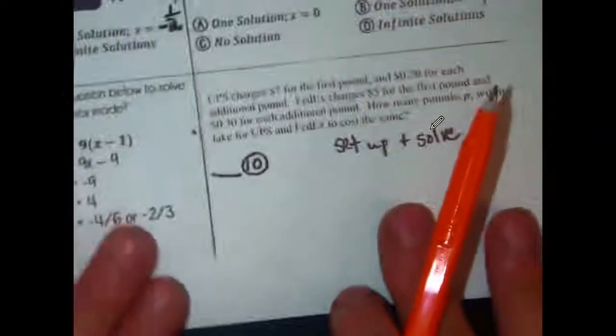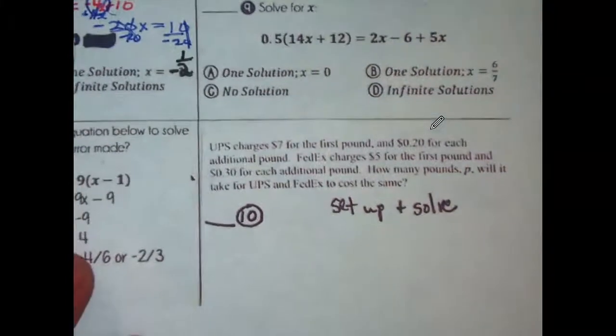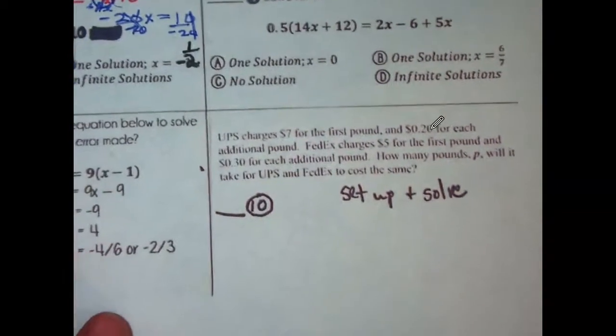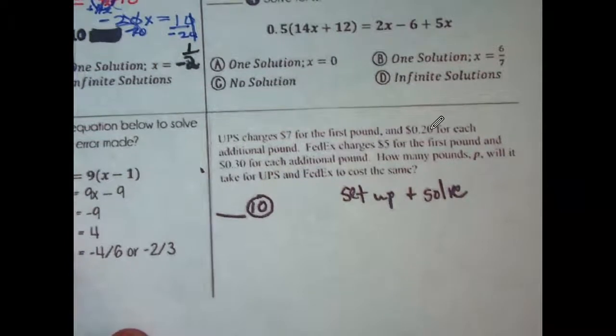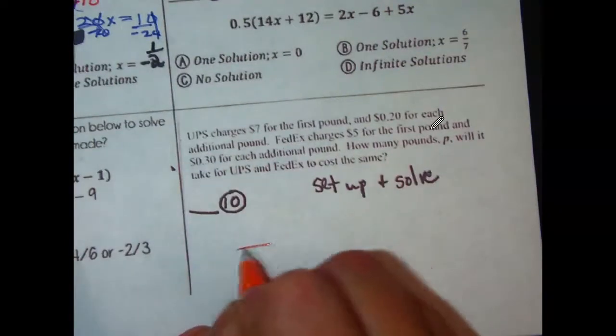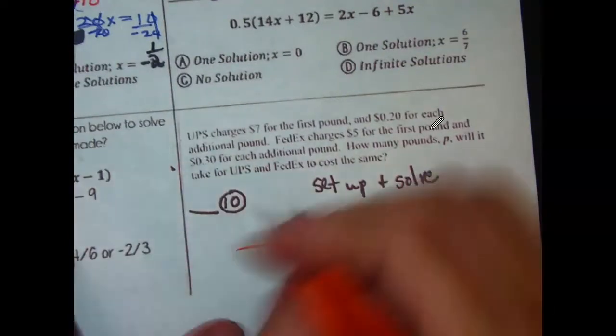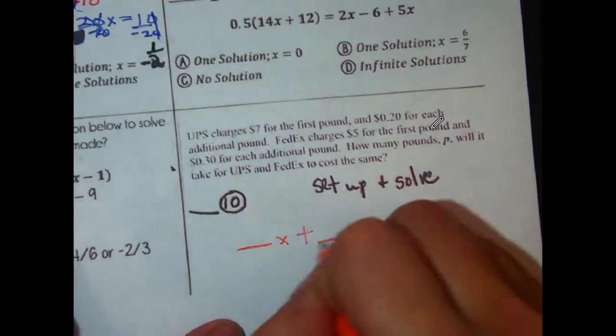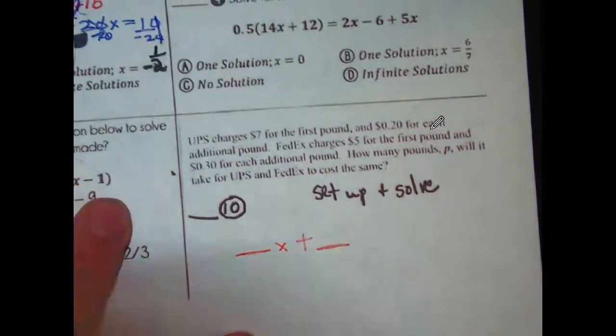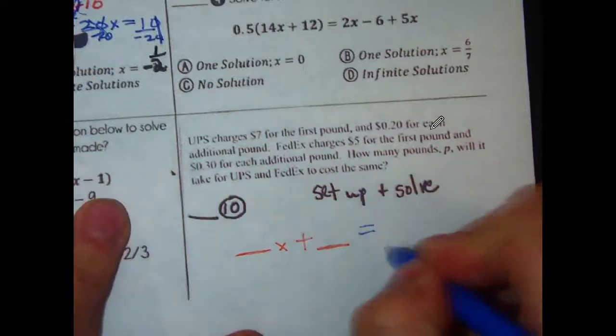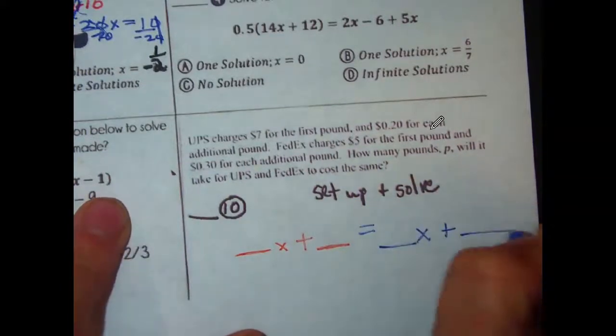All right, and then the last one I want to look at is going to be our story problem. Remember, we always have the same format for a story problem. We're going to have something x plus another amount, and then it's going to repeat. So then we're going to have our equal sign, something x plus something else.